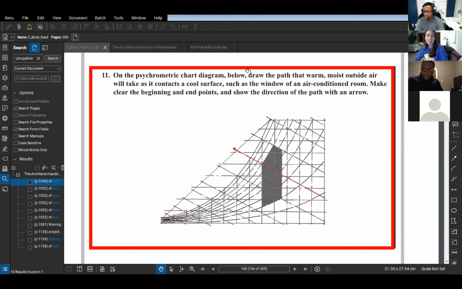Okay. These questions are from the Amber book. On the psychrometric chart diagram below, draw the path that warm, moist outside air will take as it contacts a cold surface, such as the window of an air-conditioned room. Make clear beginning and end points and show the direction of the path with an arrow. I didn't know. So let me see, my annotate. This zone right here is like the dew point where things turn into water.